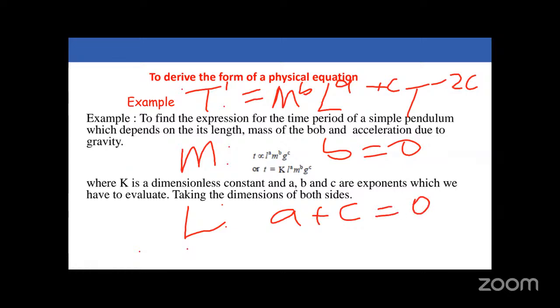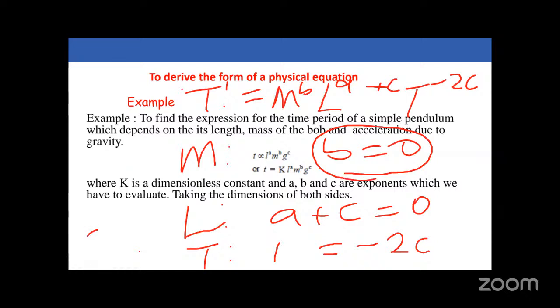And then T on the left is raised to 1. On the right, T is raised to minus 2C. So now with this information we have generated from the equation, we know that B is equal to 0.